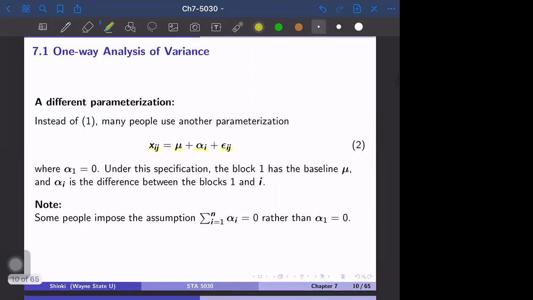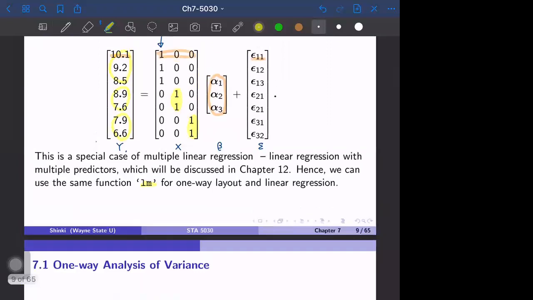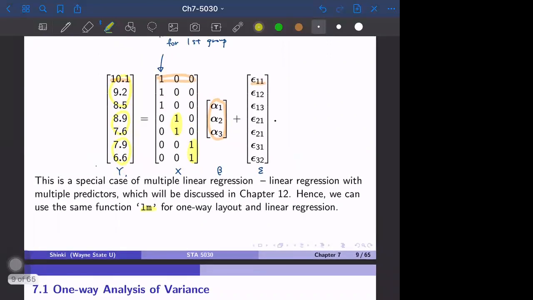In the previous example, the first column is not an intercept. In linear regression, everything was 1 in the first column, and the second column was x1 to xn.